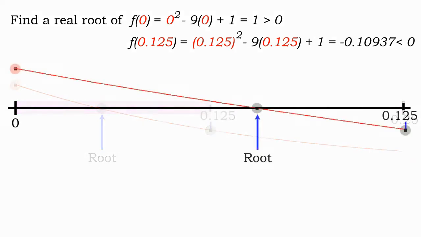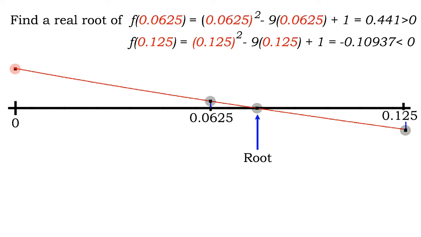Let's zoom in on this picture. This is what we are looking at. If we take the midpoint of this interval, we find that the function takes a positive value. So by Bolzano's theorem, a root of this function lies between these two distinct points. So our previous interval gets reduced even further.